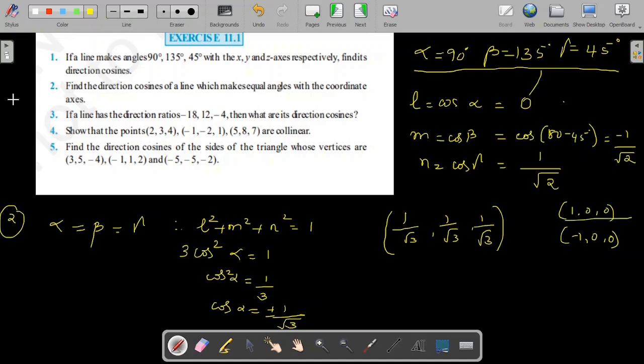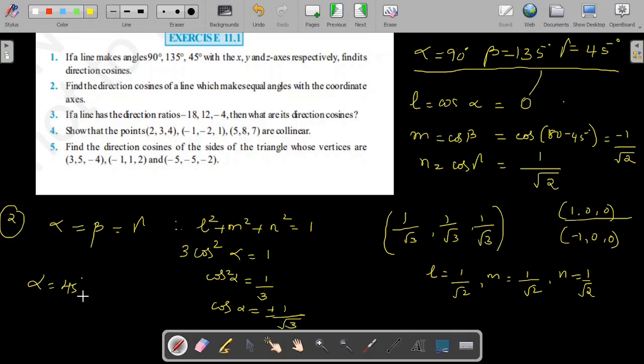Okay. So this will tell you that there is no line making an angle of 45 degrees with all three coordinate axes, because in case it makes an angle of 45 degrees with all the three coordinate axes, then l becomes 1 by root 2, m becomes 1 by root 2, n becomes 1 by root 2. So this gives you l square plus m square plus n square is 3 by 2, which is not equal to 1.